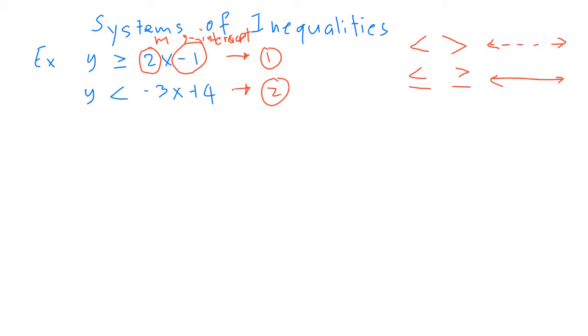In the graph, this is our y-axis, the vertical axis, and then our horizontal axis would be our x-axis. So negative 1 is over here, and that would be our first point.